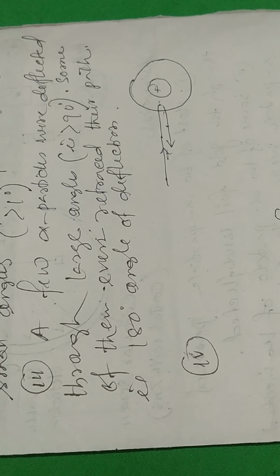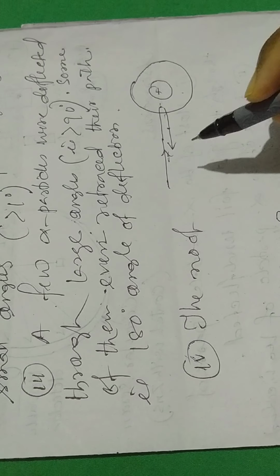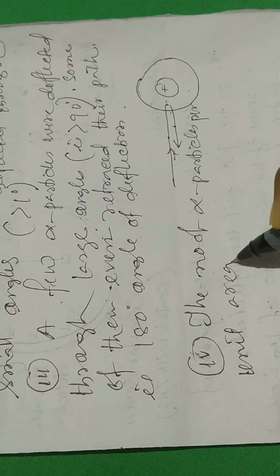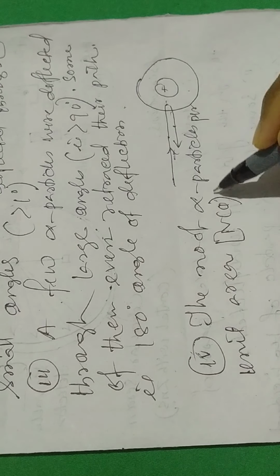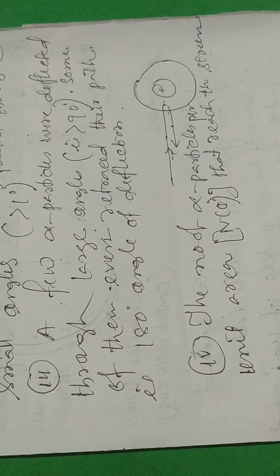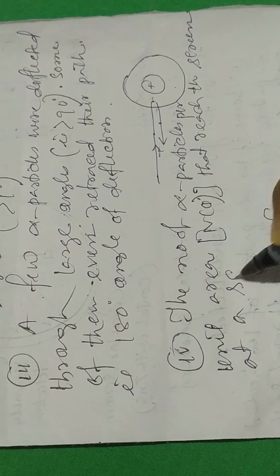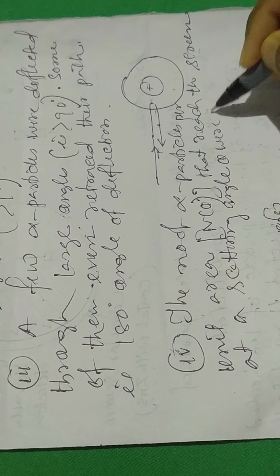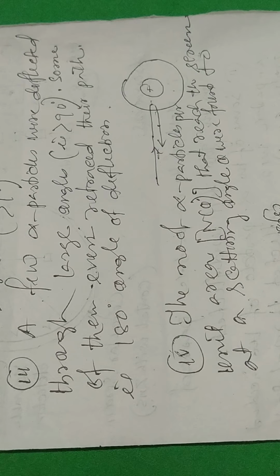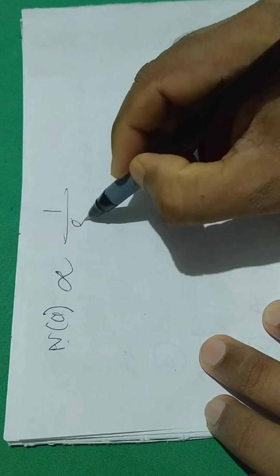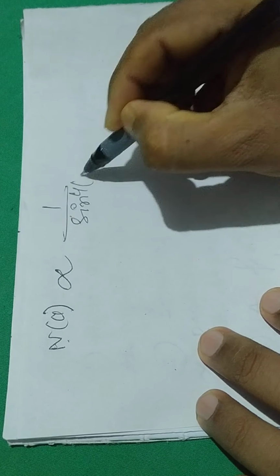Number 4: the number of alpha particles per unit area, N of theta, that reach the screen at a scattering angle theta was found to be inversely proportional to sin to the power 4 of theta by 2.